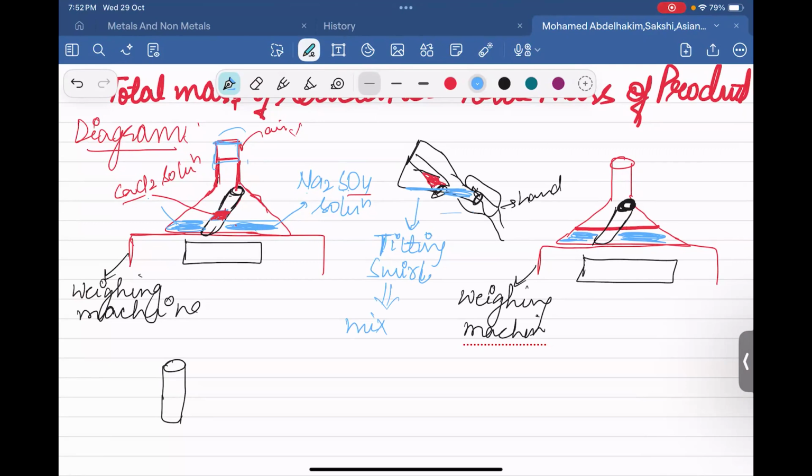When we weigh this whole solution before mixing, it comes to around 300.23 grams. This is a weighing scale.